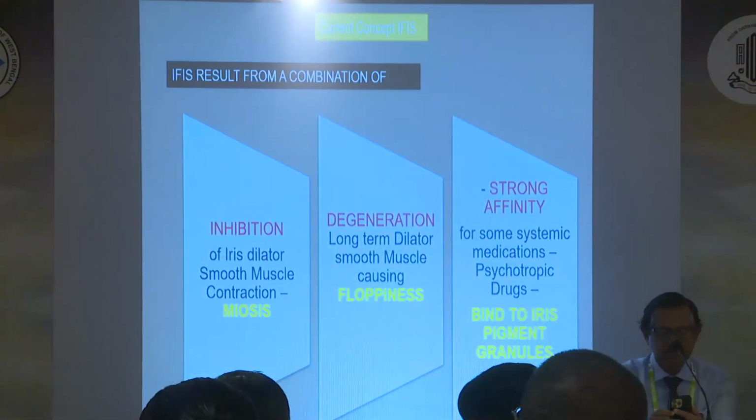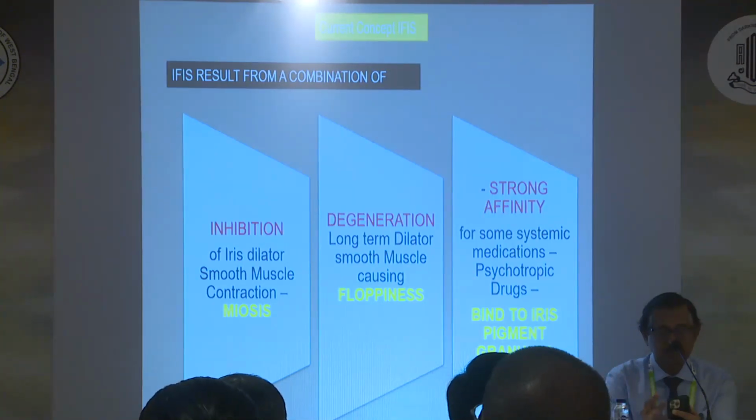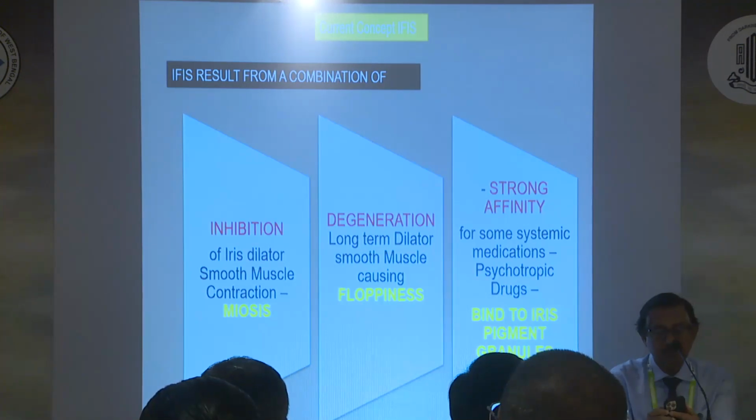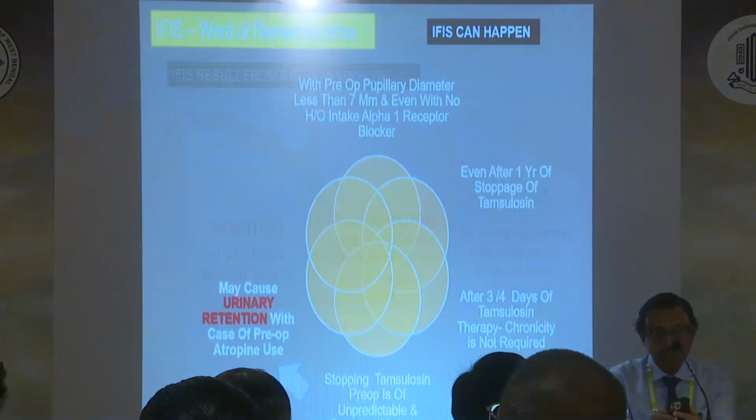The current concept is that there is an inhibition of the iris dilator smooth muscle contraction leading to miosis. There is a degeneration of the long-term dilator smooth muscle causing floppiness, and there is a strong affinity for some systemic medications like psychotropic drugs, which bind to the iris pigment granules.